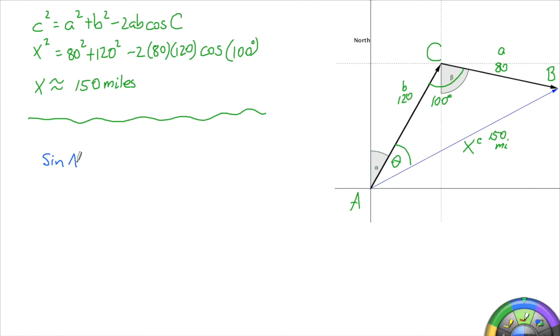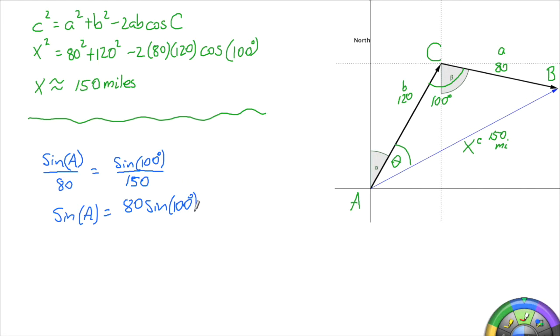Sine of A over little a, which is 80, is equal to sine of 100 degrees over C, which we found to be around 150. Now, I don't usually like using rounded numbers in a further calculation, but we have no choice here. We're trying to solve for A, so we multiply the 80 up. So sine of A is equal to 80 sine of 100 divided by 150.